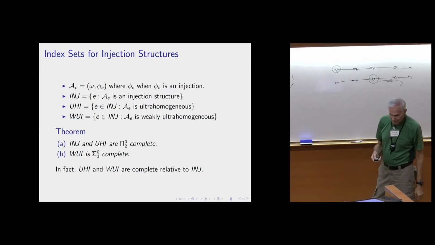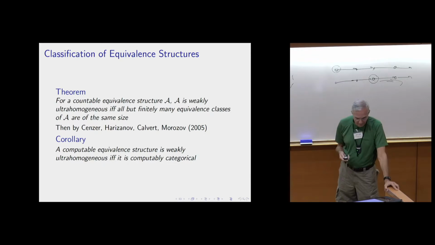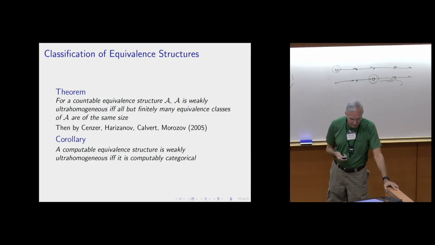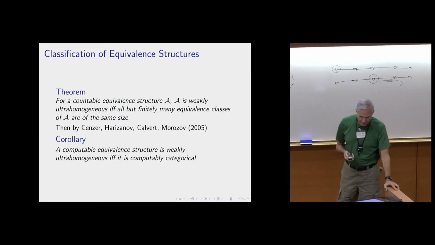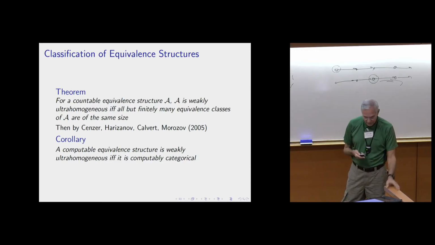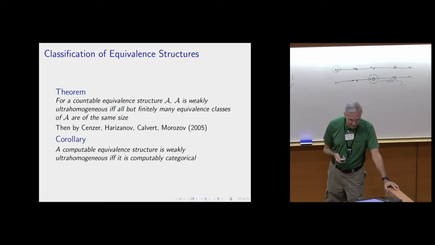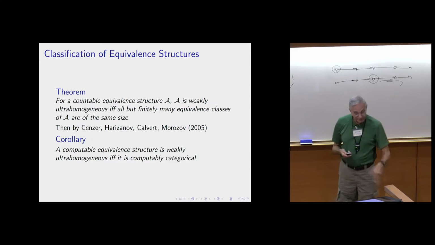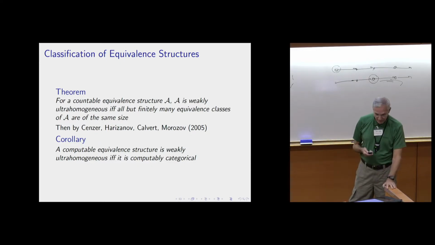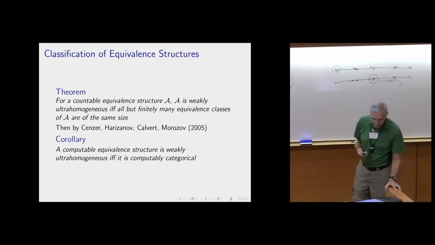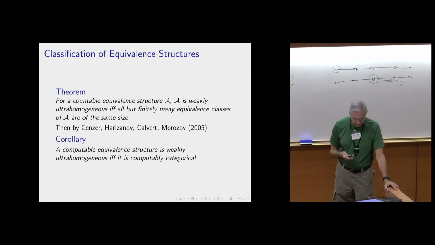Okay, so injection structures. Then going back to a simpler case, the case of equivalence structures, being weakly ultrahomogeneous is quite naturally that all but finitely many equivalence classes have the same size. And in this case, we go back to being weakly ultrahomogeneous if and only if you are computably categorical.